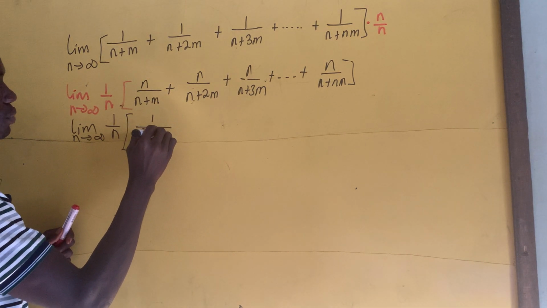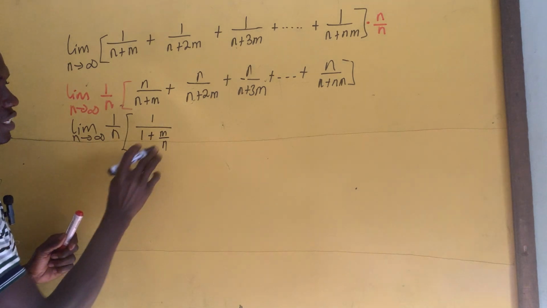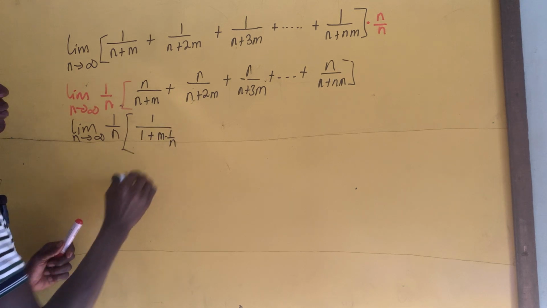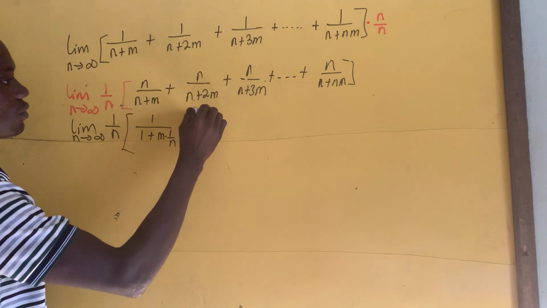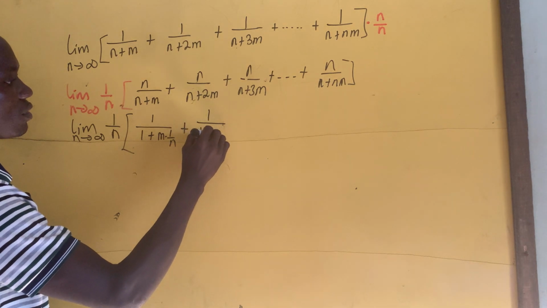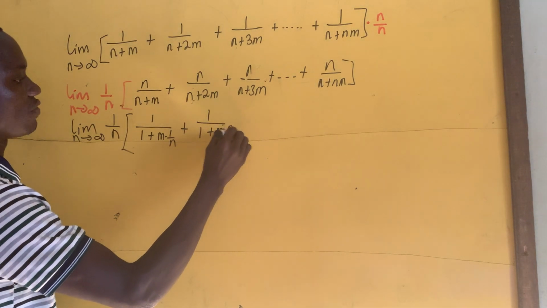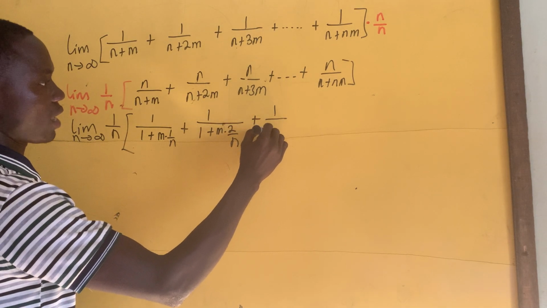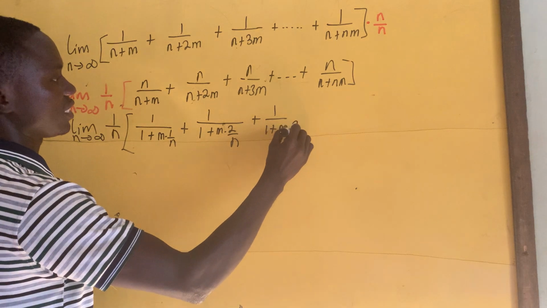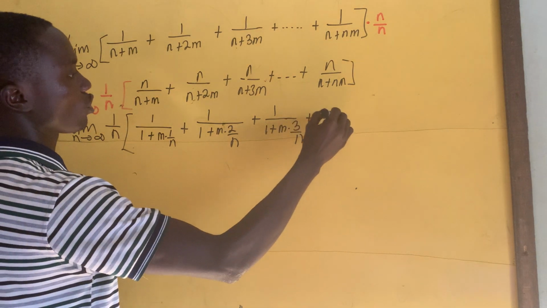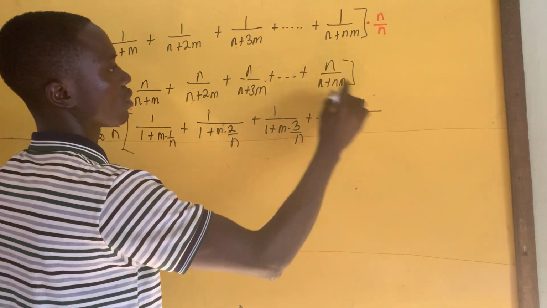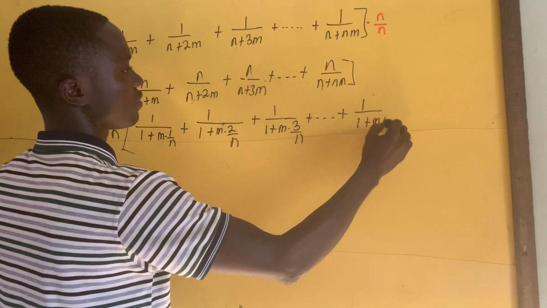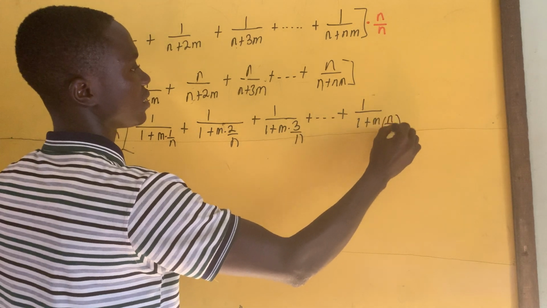Then you have plus m divided by n, but this can be written as m times 1 on n. Plus the same thing, 1 divided by 1 plus m times 2 divided by n, plus 1 on 1 plus m times 3 divided by n, up to plus 1 on 1 plus m times n divided by n.